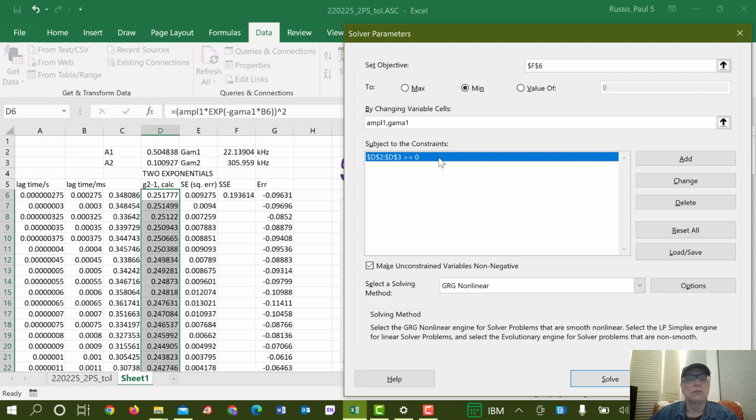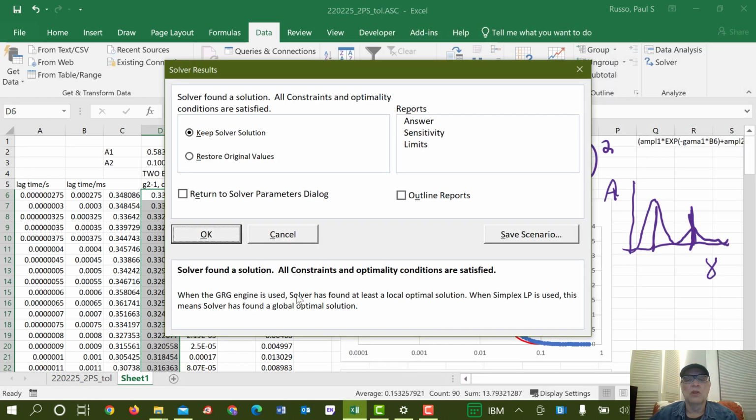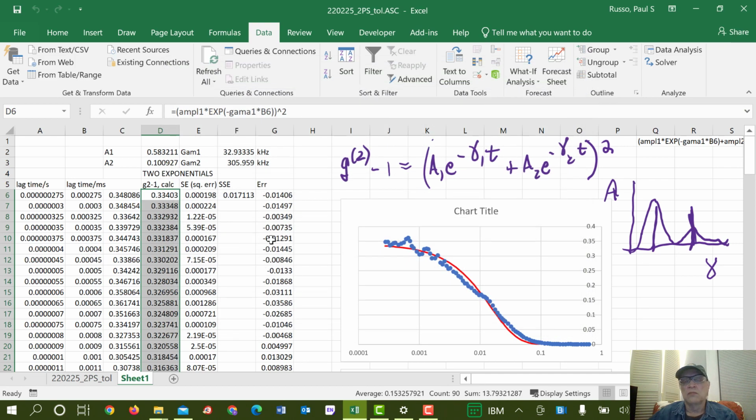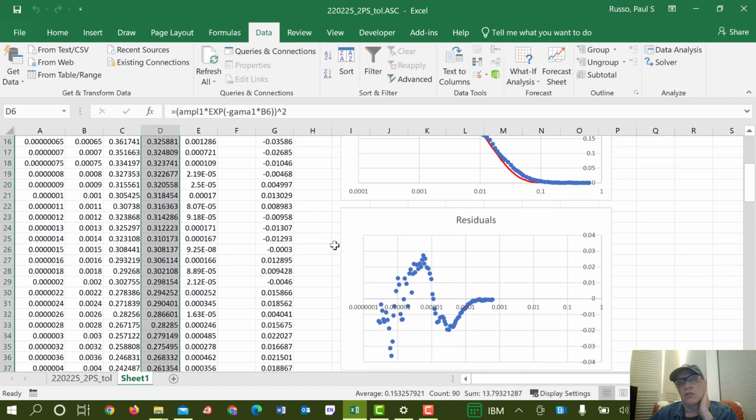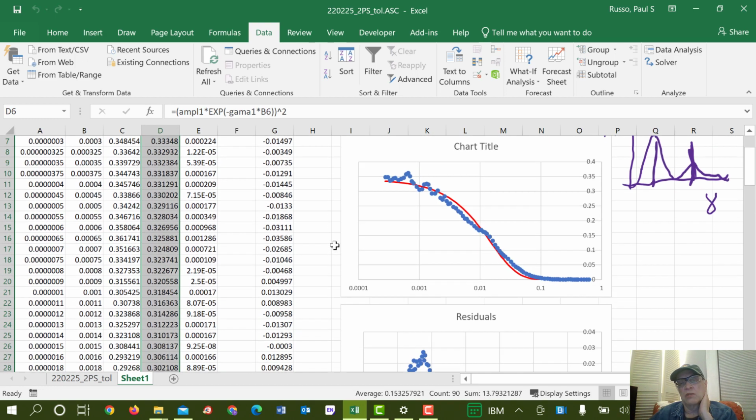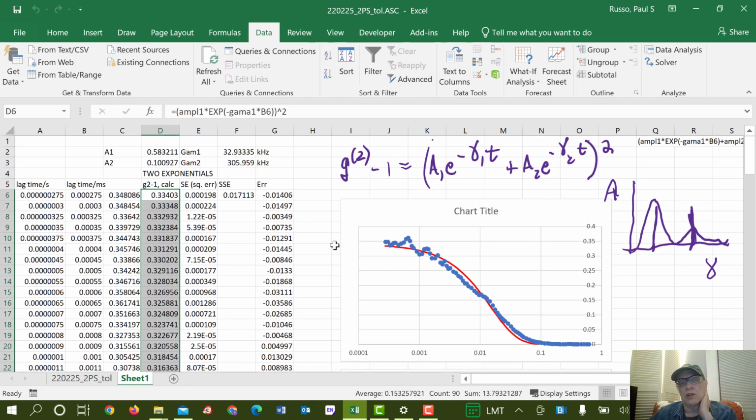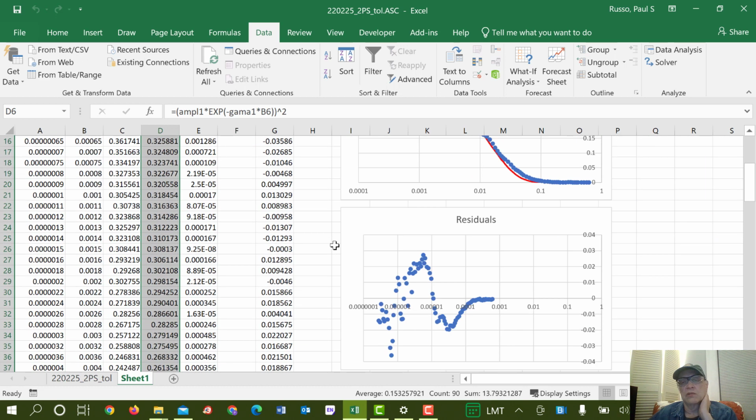And I guess those constraints can still be 0. Since they're not even involved, let's see what happens. So that's our best single exponential fit. And you see it's hideous. Okay, it's definitely not as good as before.